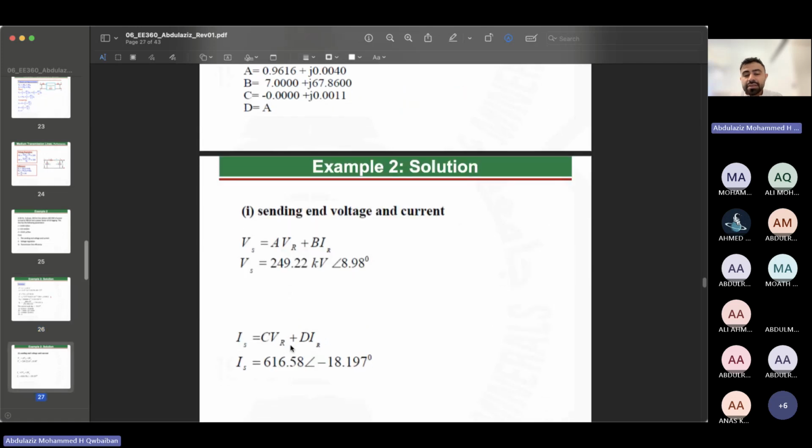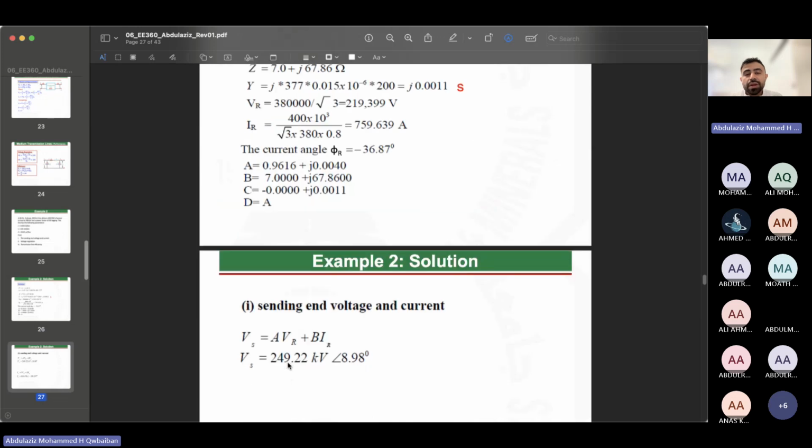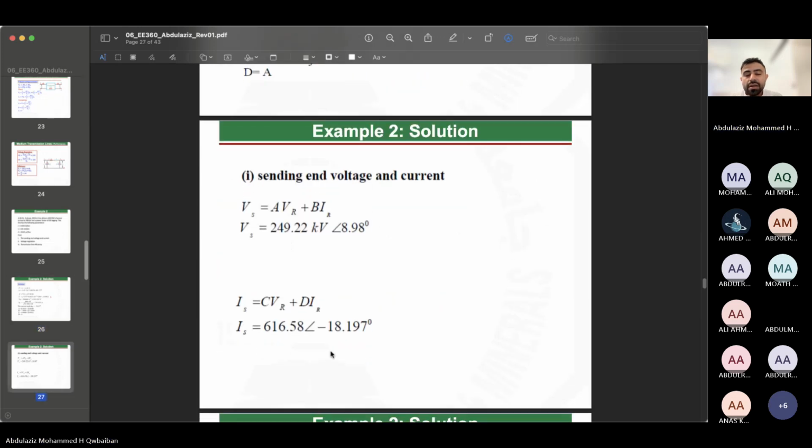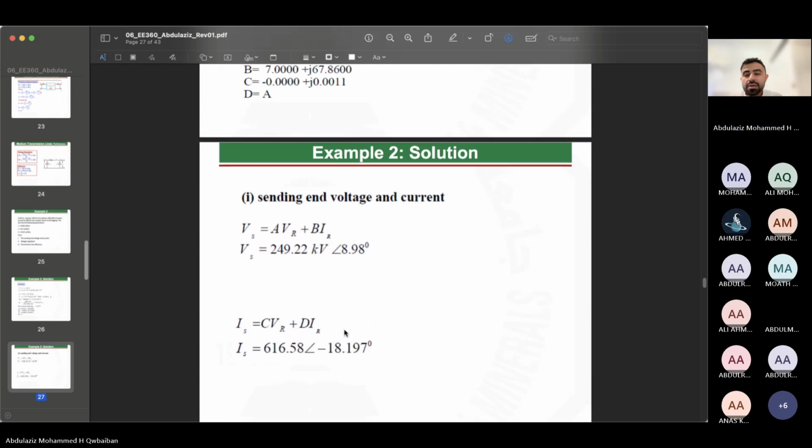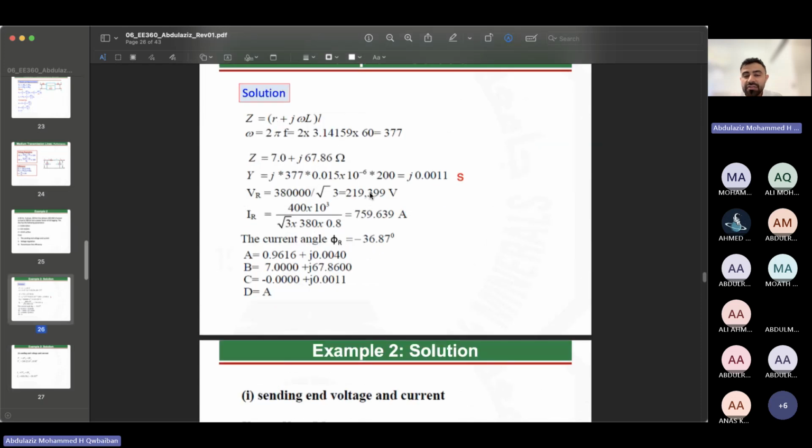For the electric current, the magnitude is smaller. It is 616 compared to 759, but the angle is negative 20 with respect to what? With respect to VR. VR is the reference, not IR. IR has angle minus 13. So maybe a trick question in the exam.